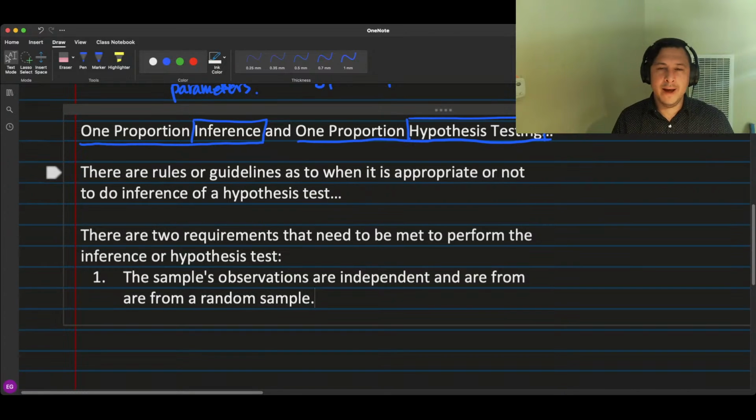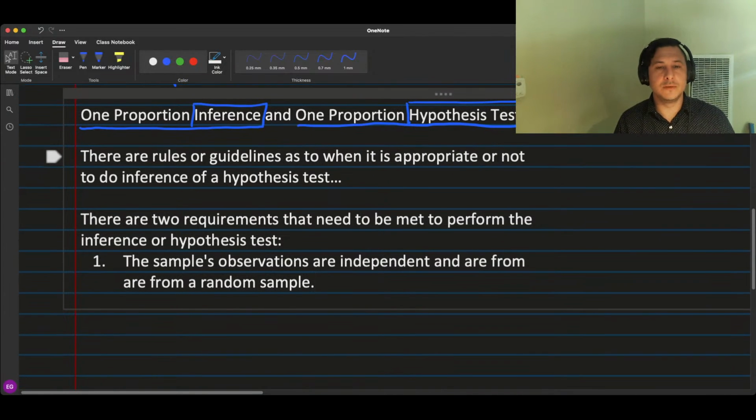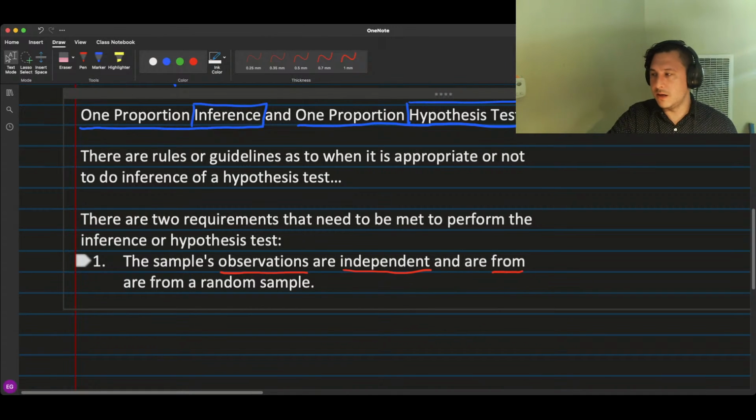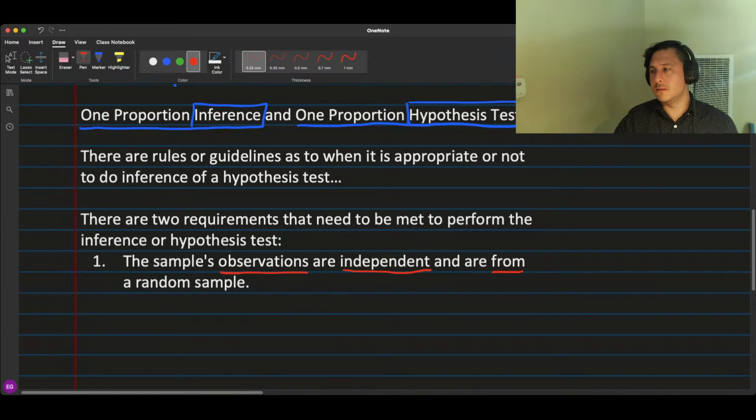So I can explain what that means. Okay, so there's two things here. The observations have to be independent, and they are from a random sample.